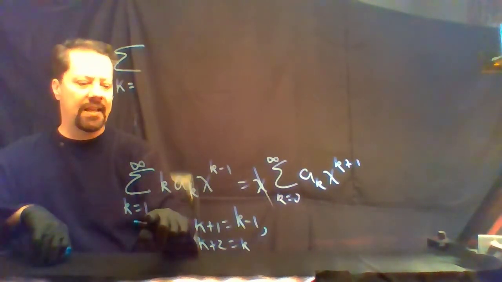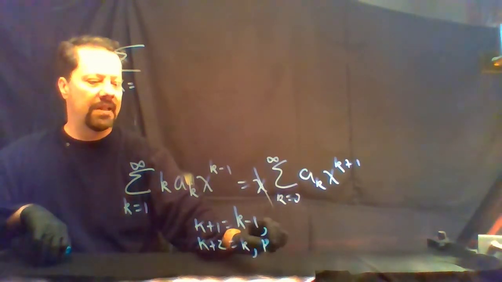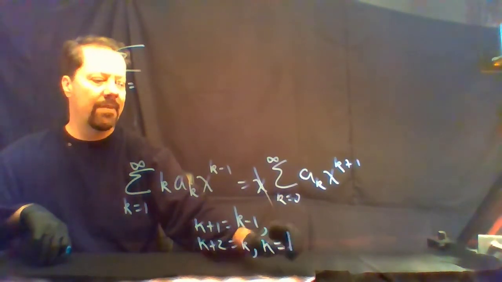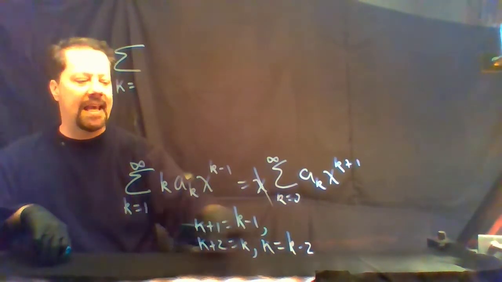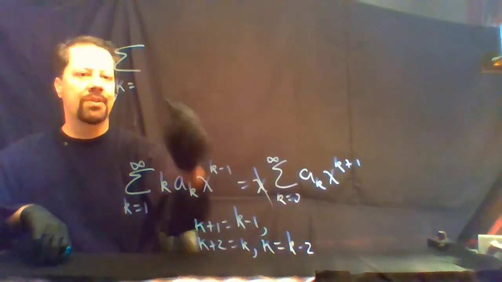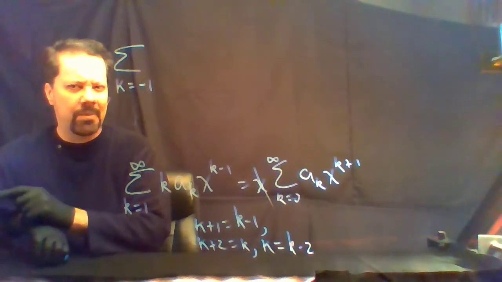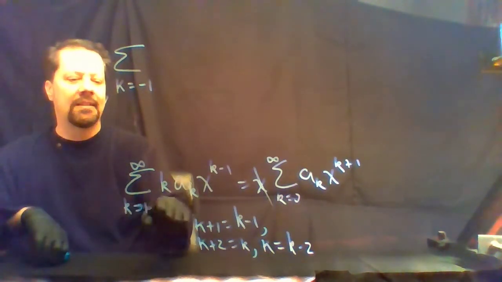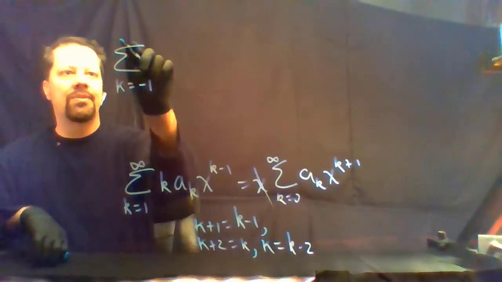If the old k starts at 1, by the way, the new k is going to be the old k minus 2, moving this 1 over. If the old k starts at 1, the new k will start at negative 1. Is that going to be a problem? We'll find out. As the old k goes to infinity, the new k also goes to infinity.